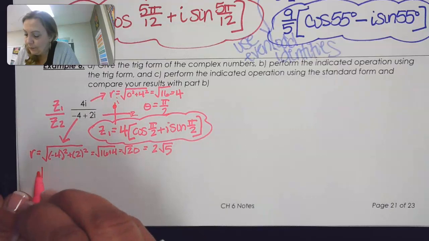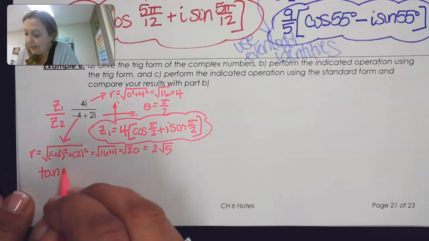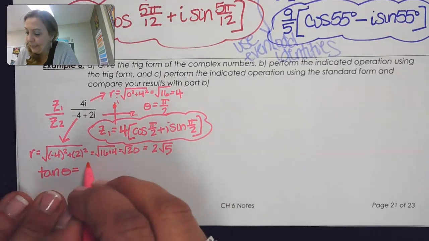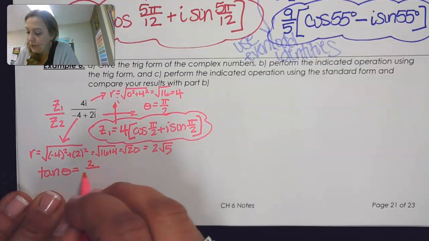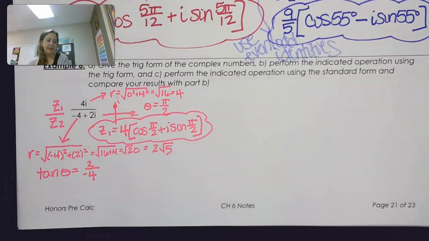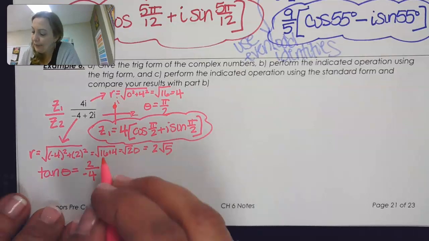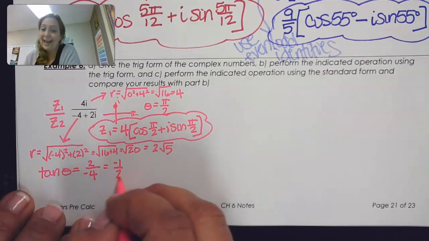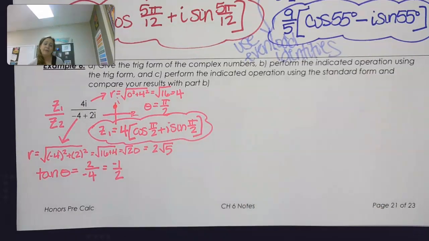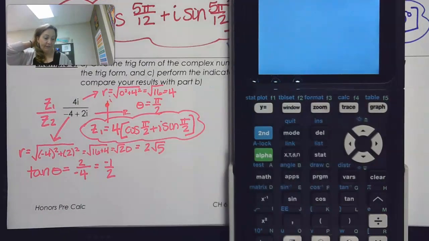And so now we need to find our theta. And so we would take the tangent of theta is going to be b, which is 2, over a, which is -4. So that means that we have -1/2. Now, -1/2 is something that we've seen in our friendly numbers of the unit circle, but not for tangent, right? So what that means is that we're going to have to find our reference angle.